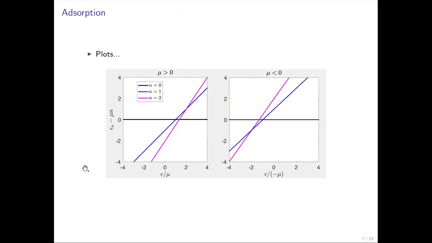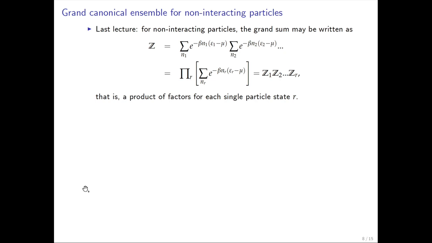So let's move on now, and we'll talk a bit more about the grand canonical ensemble, and we'll discuss this for non-interacting particles. In the previous example, we had non-interacting sites that were distinguishable, and we argued that the particles were interacting in a very simple way because we only had 3 configurations to consider.